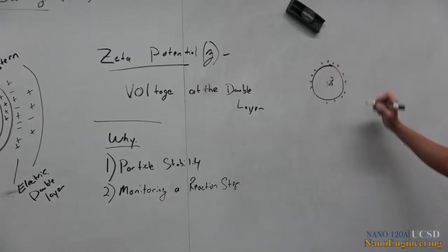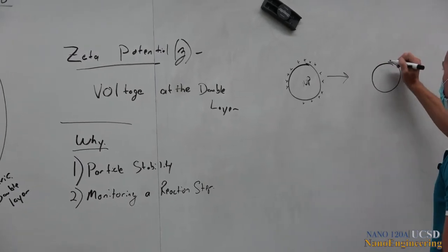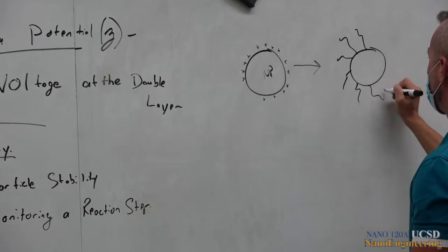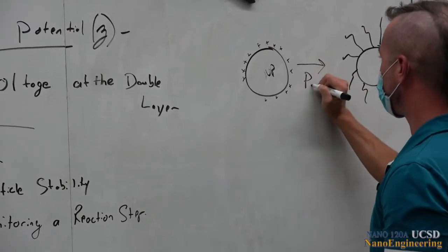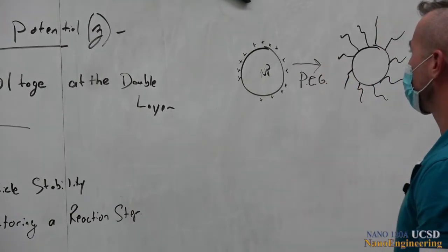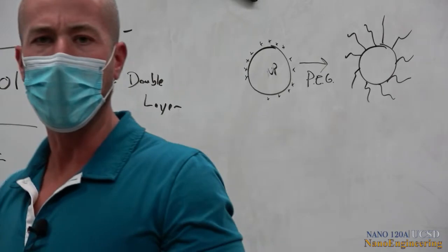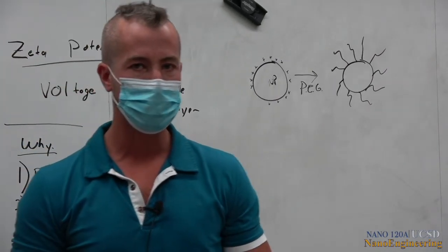And then say you want to put a polymer on it. So we put like polyethylene glycol. So how are you going to prove to anybody that you've actually put PEG on your particle, right?